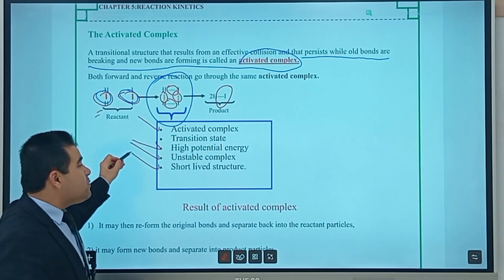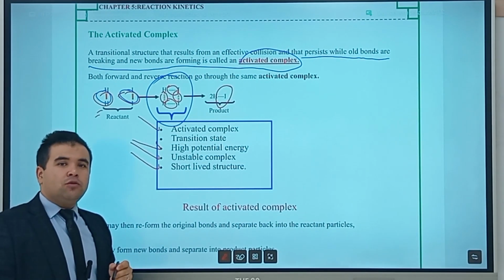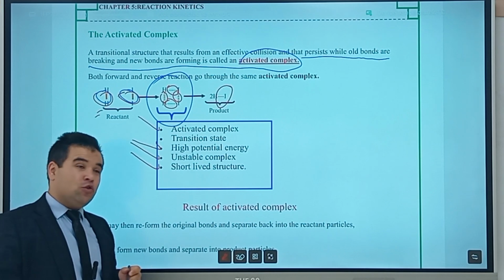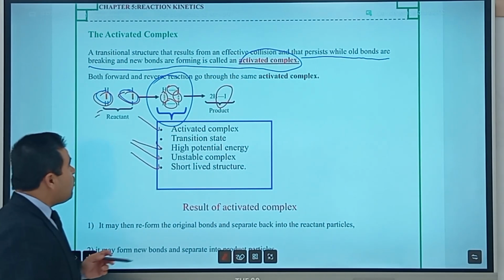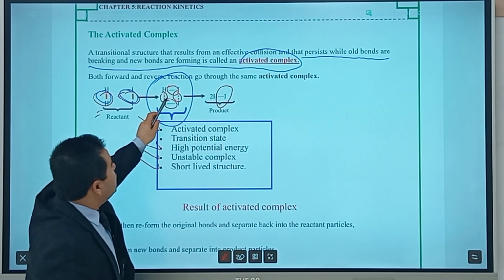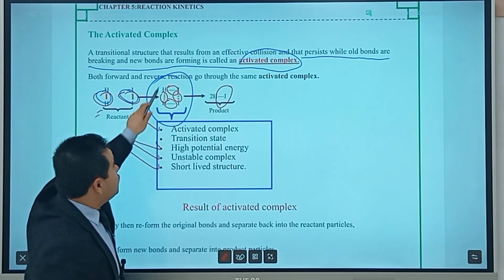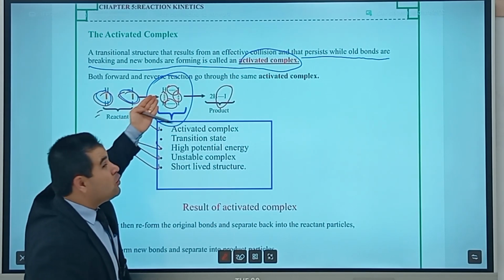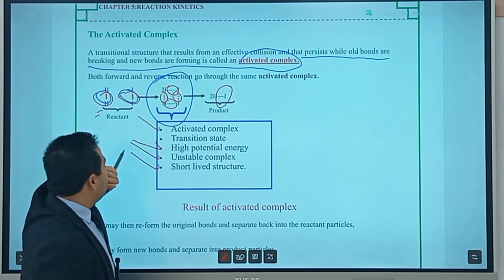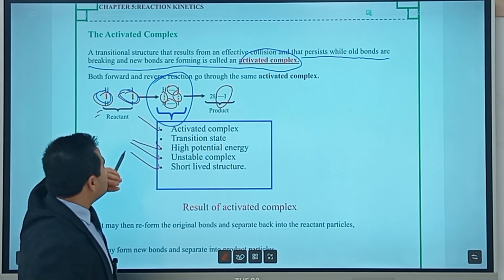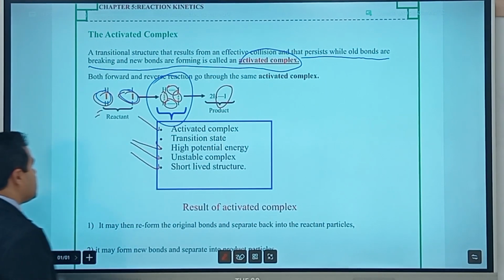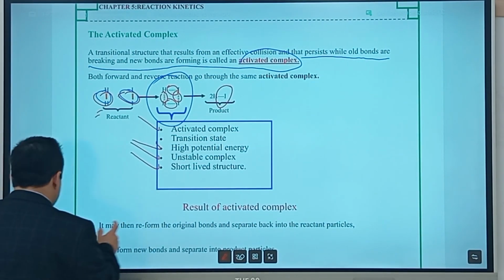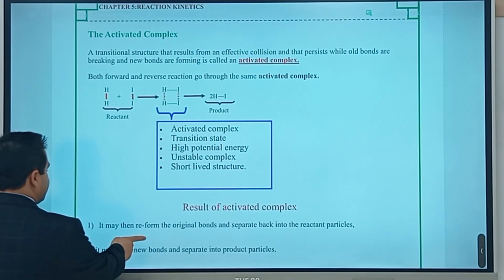In terms of lifespan, they are a short-lived structure. In short, in this region it is a transitional structure, the top, the crest of the graph, the highest position of energy, and the highest instability, or the least stability, of the graph.